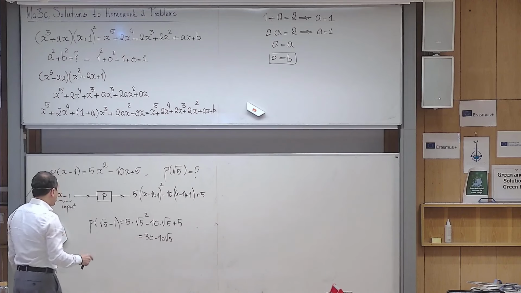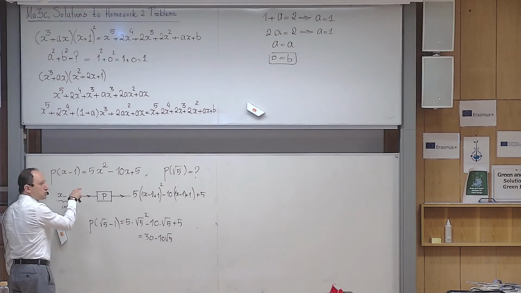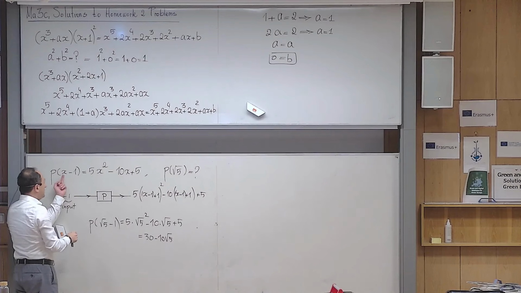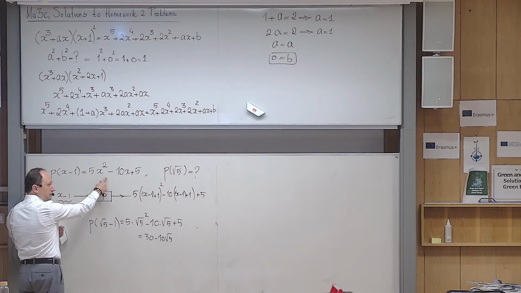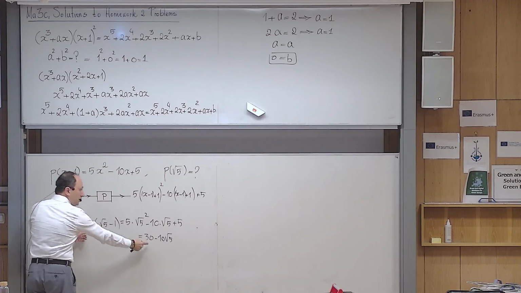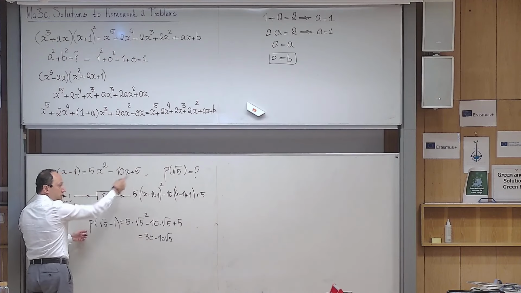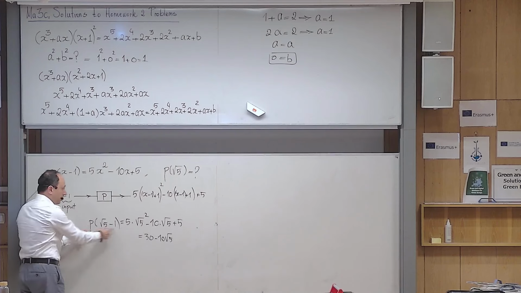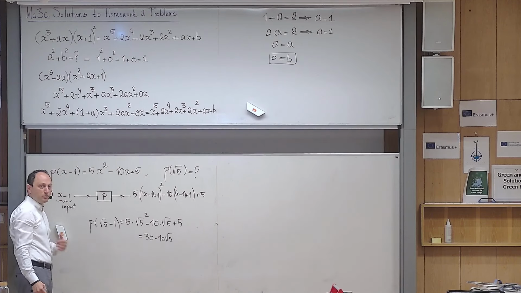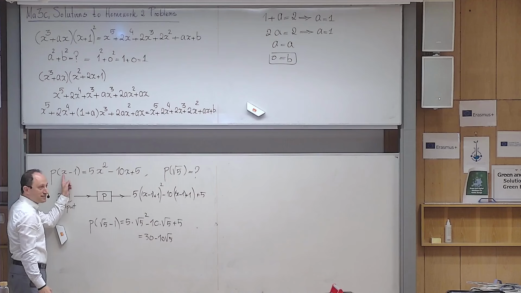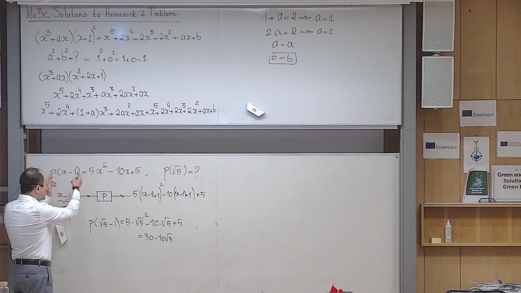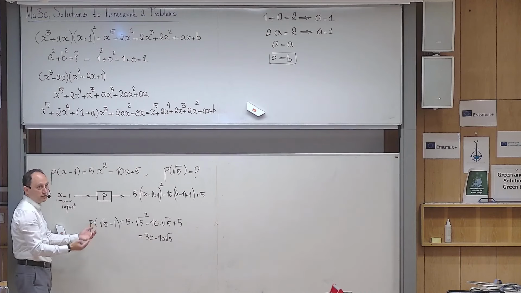Because you see, if I just naively send the square root of 5 in, I have to send square root of 5 here and there. If I do that, I get the correct answer for something else, which is not the one in the problem. I am calculating this. So I ask myself, what should I send for x so that the outcome becomes p of the square root of 5 as I want?